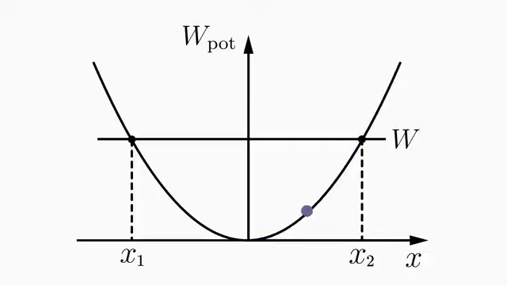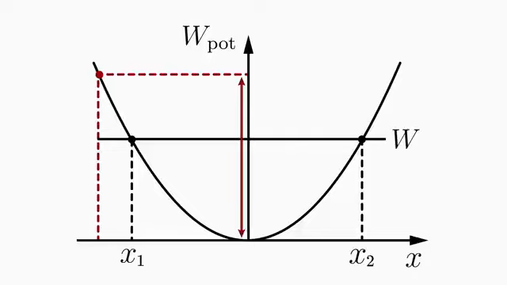Between these 2 points, it can completely convert its kinetic energy into potential energy and vice versa without moving outside of x1 and x2. The particle is trapped in this region. If we find the particle outside of x1 and x2, its potential energy would be greater than its total energy.